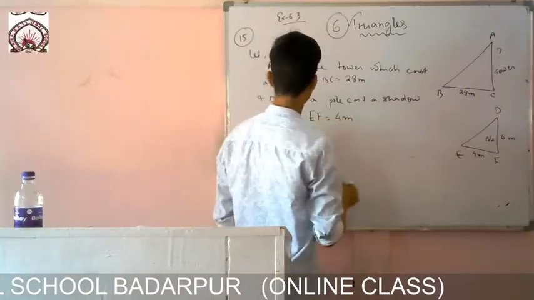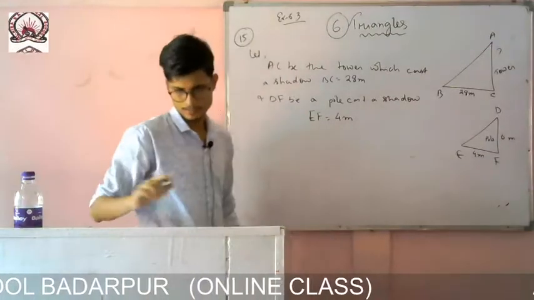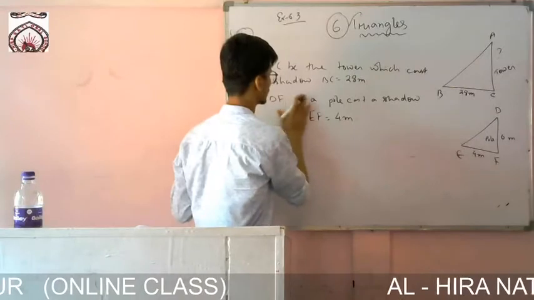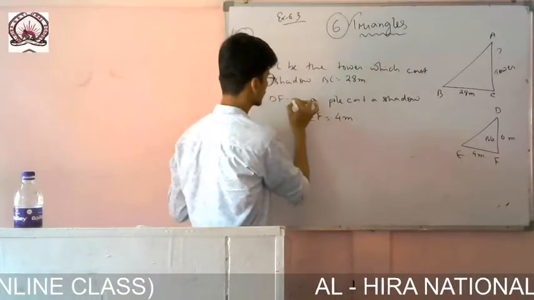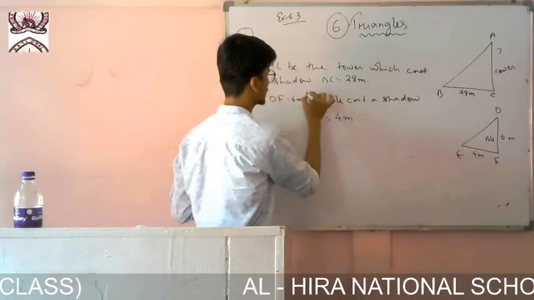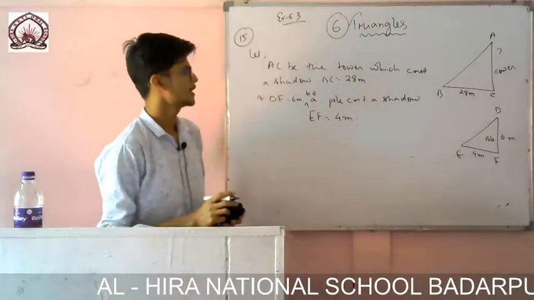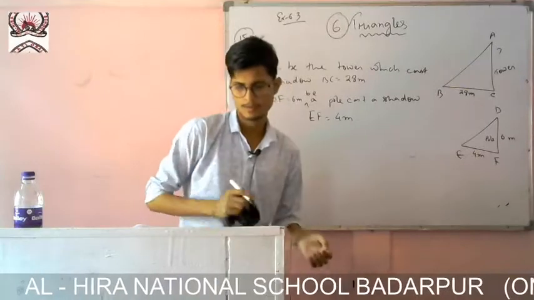The length of DF is given. So what is the measurement of DF? You write like this: DF equals 6 meter, a pole casting a shadow EF equals 4 meter.